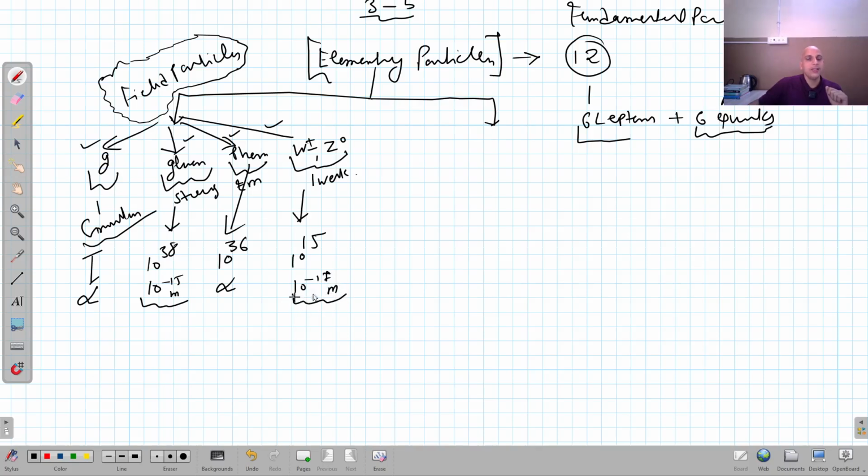So this is the range, and this is the comparison of their strength. Before going into the discussion of high energy physics, the first and foremost thing is to know about the fundamental forces and fundamental and elementary particles. So these are the properties of fundamental forces.